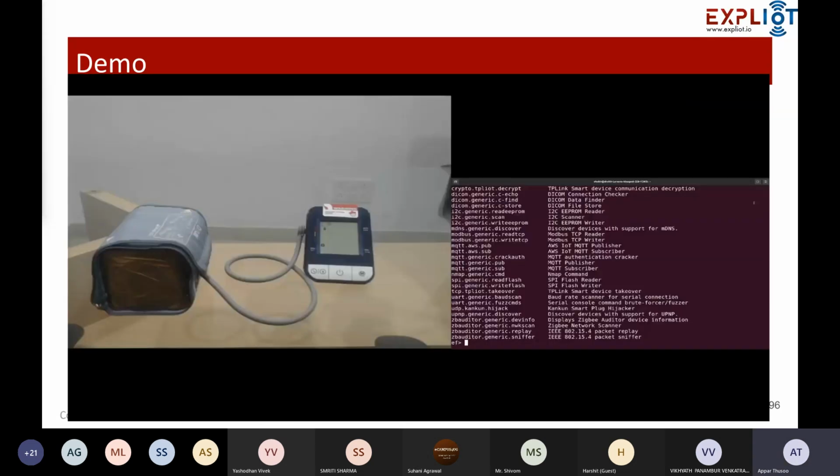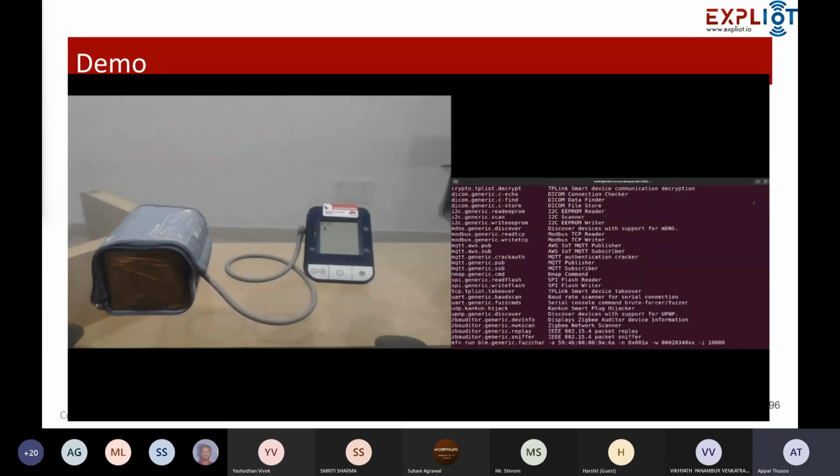And finally, for the last demo for today, we had again a vulnerable firmware. The attacker was able to fuzz a particular characteristic of the BLE GATT server, and there was no proper check on the input data of the firmware.